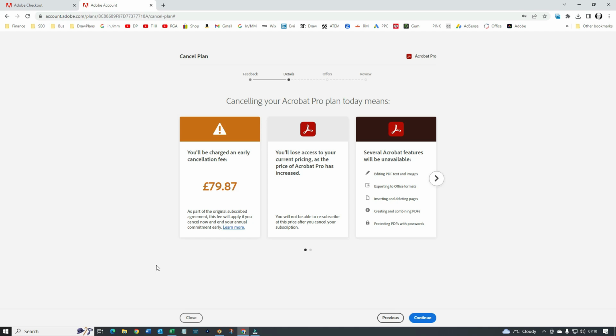problem with Adobe is that they're luring hundreds of thousands of clients in on the free trial, and you're not really being told early on in the process that if you sign up for a subscription and keep it longer than the 7 days, which I think a lot of people might do just to evaluate, you're going to be charged an early cancellation fee based on the full fee of 1 year.